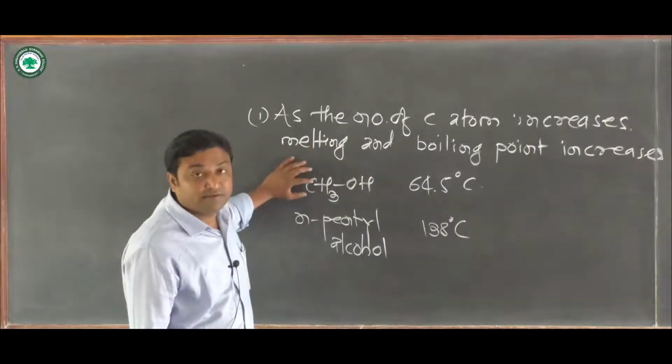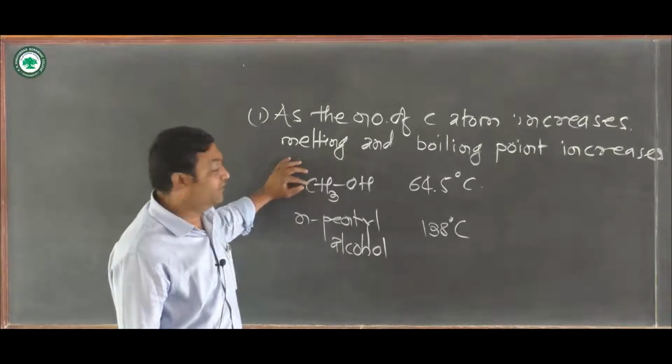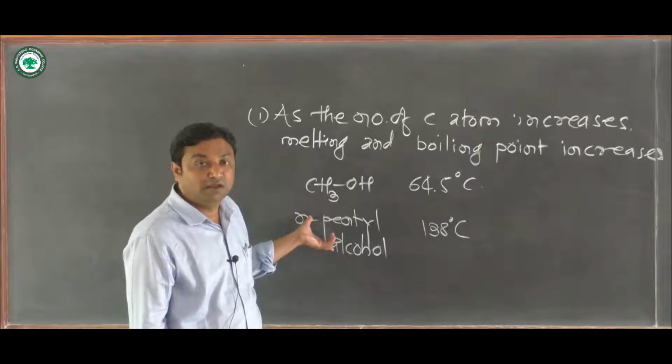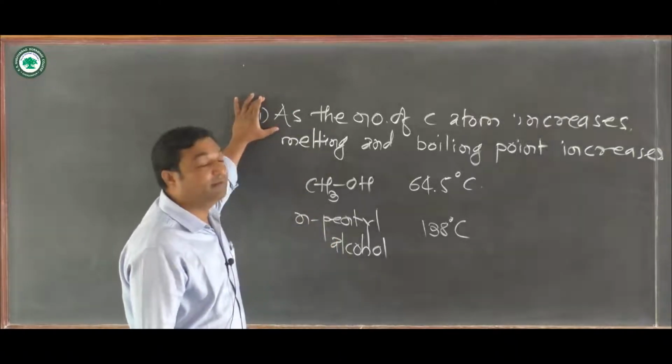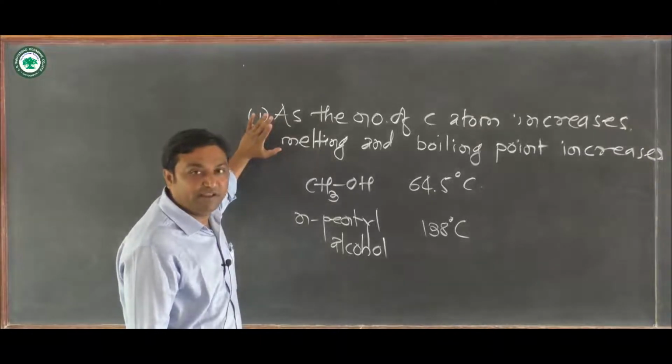In methyl alcohol, only one carbon atom is present, whereas pentyl alcohol has 5 carbon atoms. Hence, as the number of carbon atoms increases, its melting and boiling point increases.